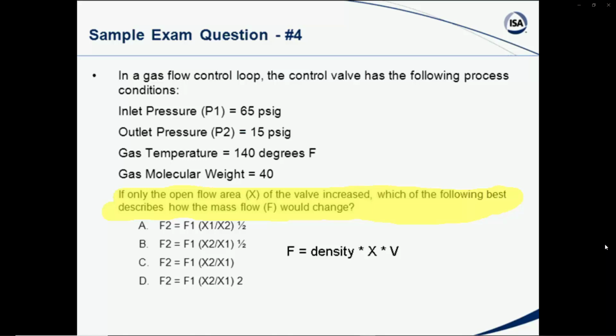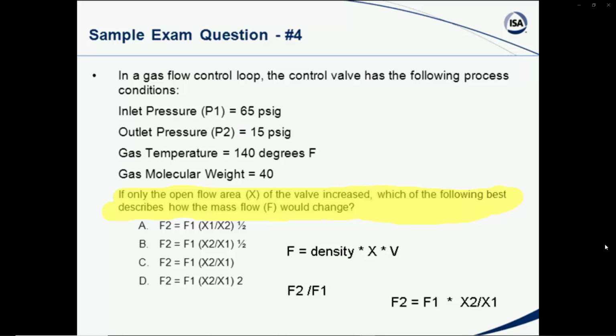If you take F2 and divide that by F1, and then cancel out the parts that are the same, you will actually get an answer that says that F2, it's a linear situation, is going to be equal to F1, which was your original, times a value which is X2, the secondary area for the orifice exposed, divided by X1.